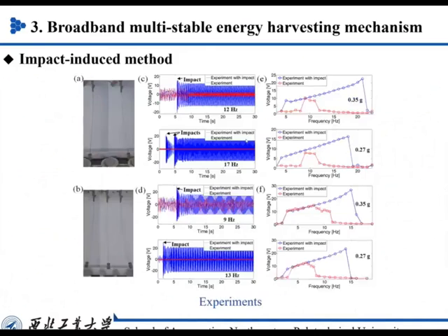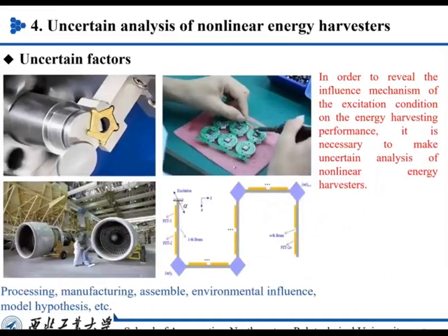Therefore, we make the uncertainty analysis. Processing, manufacturing a sample, environmental influence, and model hypothesis, all of these make the harvester become uncertain.